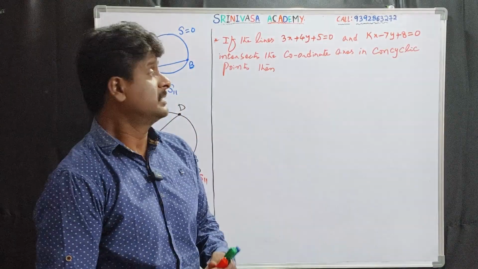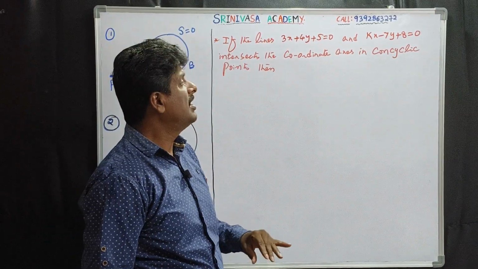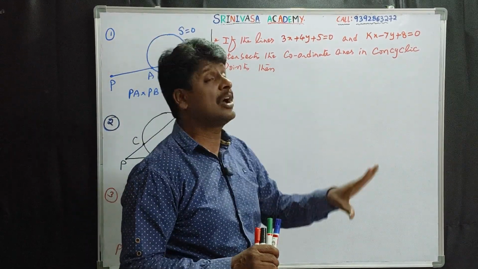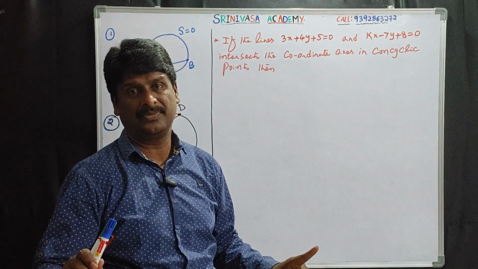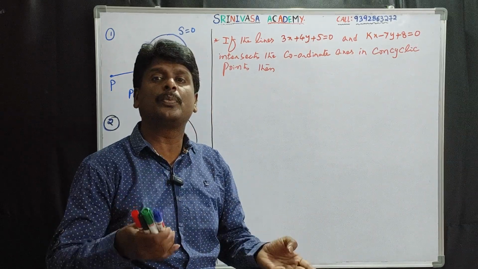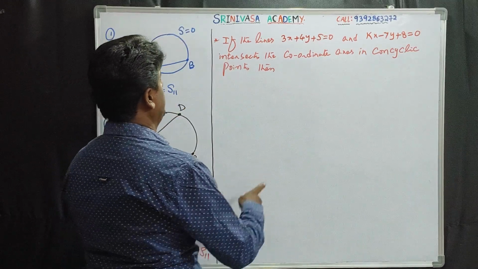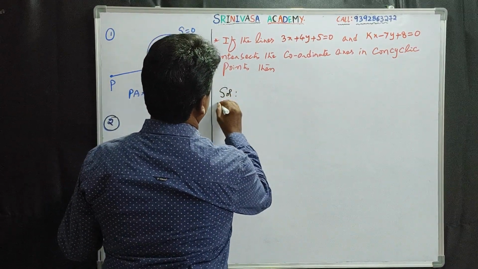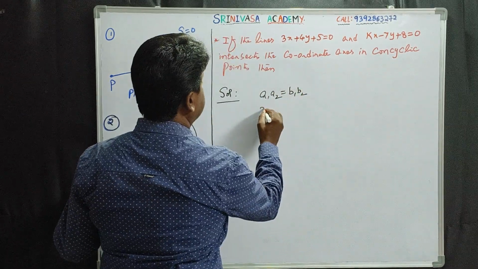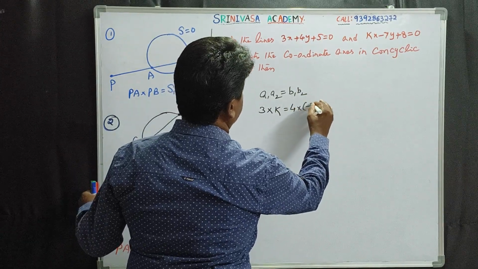If the lines 3x plus 4y plus 5 is equal to 0 and kx minus 7y plus 8 is equal to 0 intersect the coordinate axes in 4 concyclic points, then the value of k is, just now we have seen, the condition A1A2 is equal to B1B2. A1A2 means X coefficients product, B1B2 Y coefficients product.